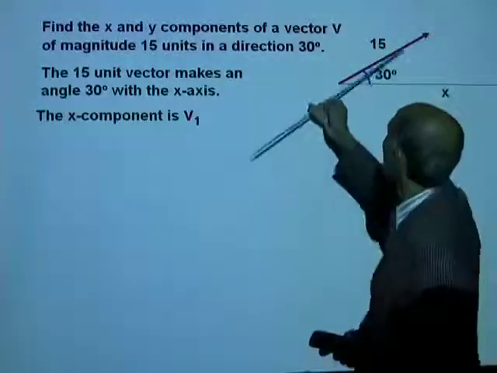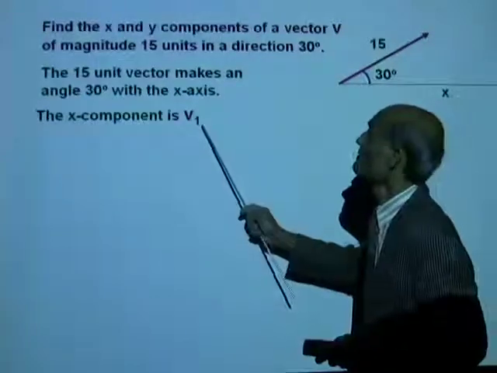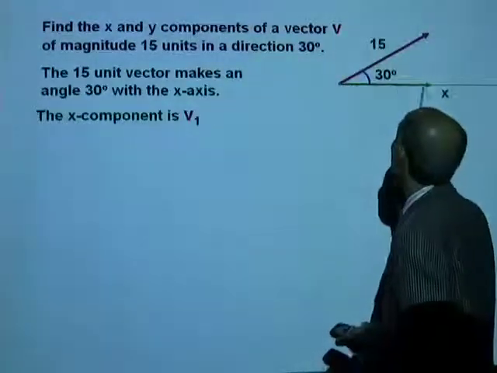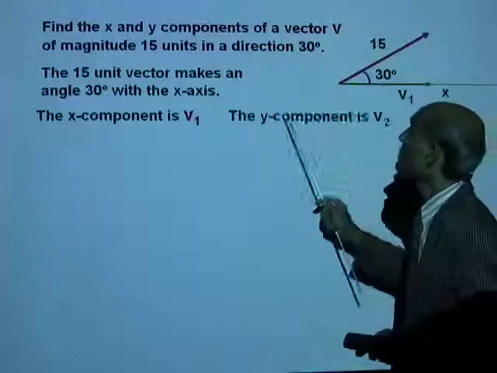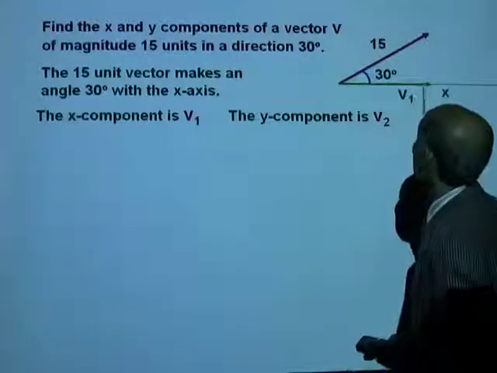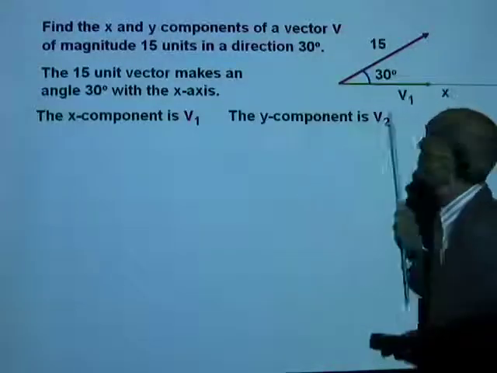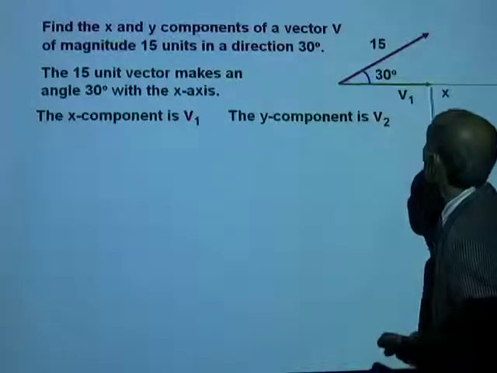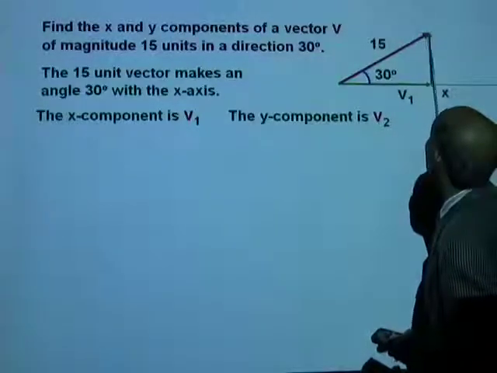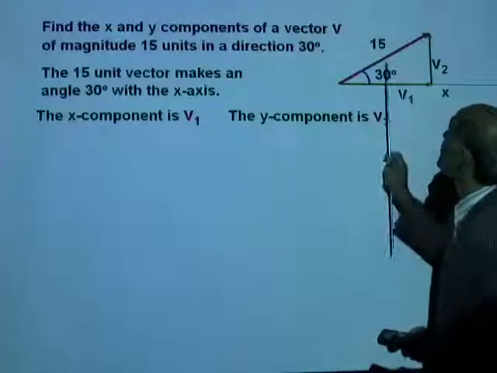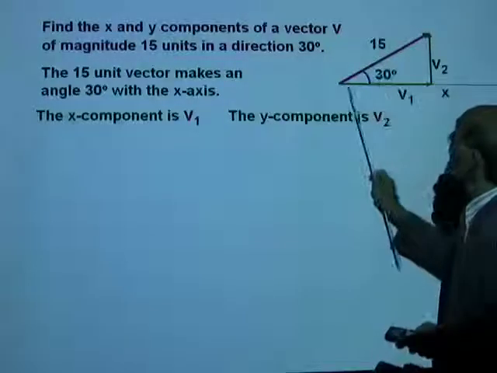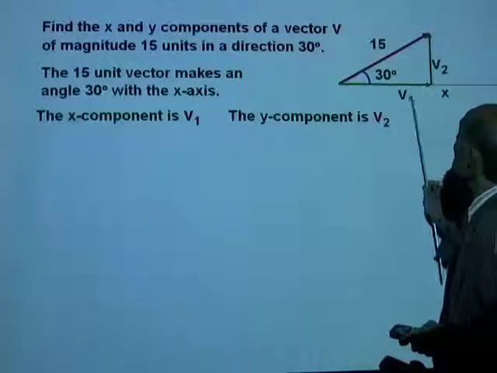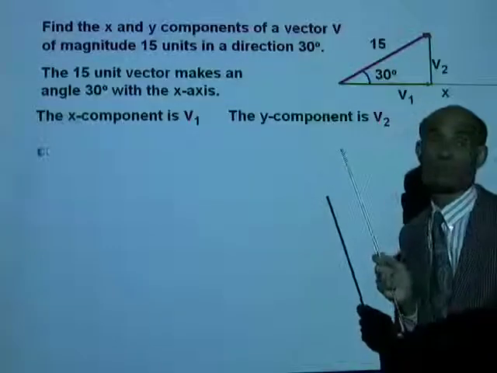Tell me, what is v1 equal to? What is the x component of this vector? Let's also write the y component. If v2 is the y component, this will be v2. So this vector has the x component v1 and the y component v2.